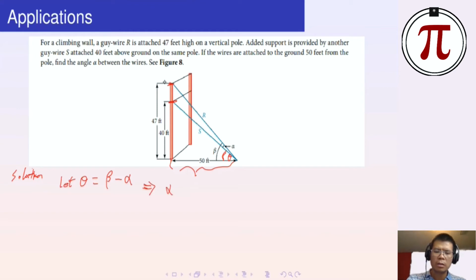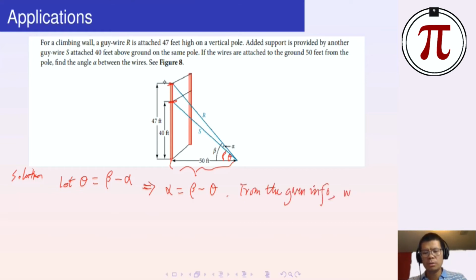Then alpha equals beta minus theta. Yes? Alpha equals beta minus theta. Correct? Okay. So then from the given information, we have what?